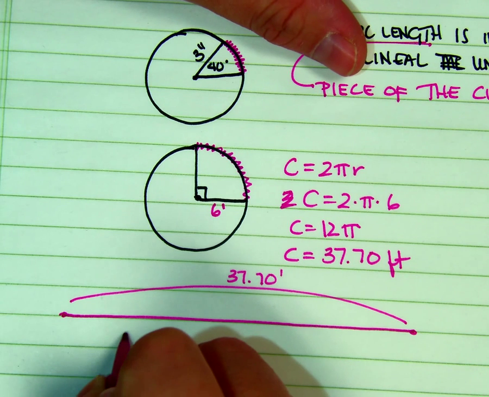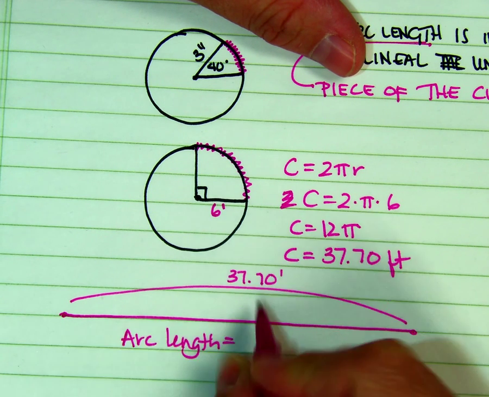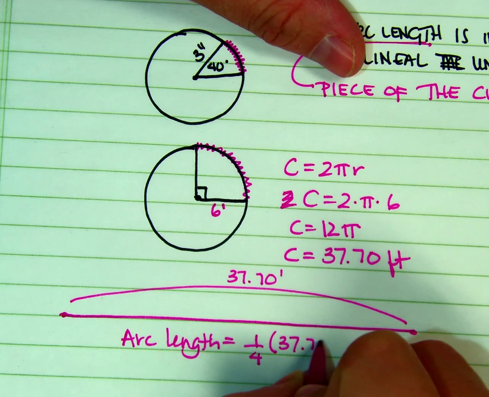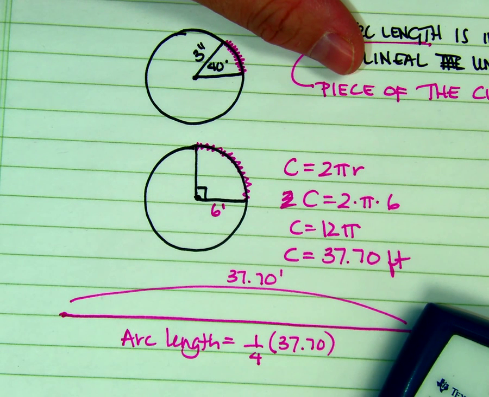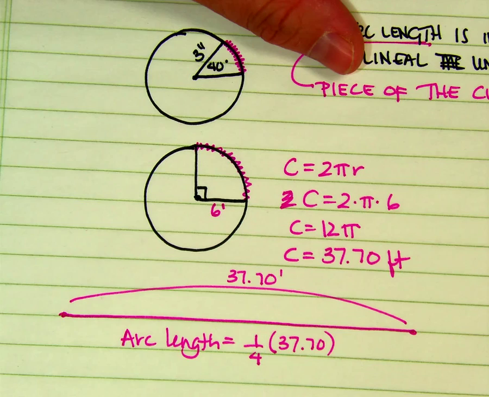So I'm looking for the arc length equals 1/4 of my 37.70. So 0.25 times 37.70. And I get 9.425.